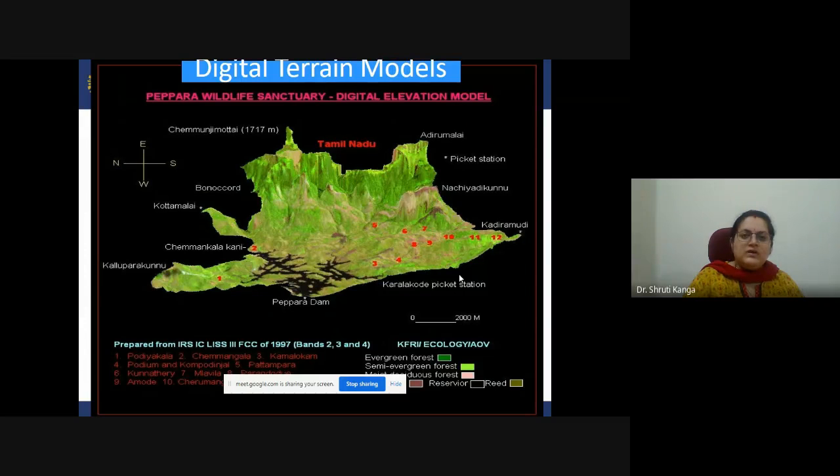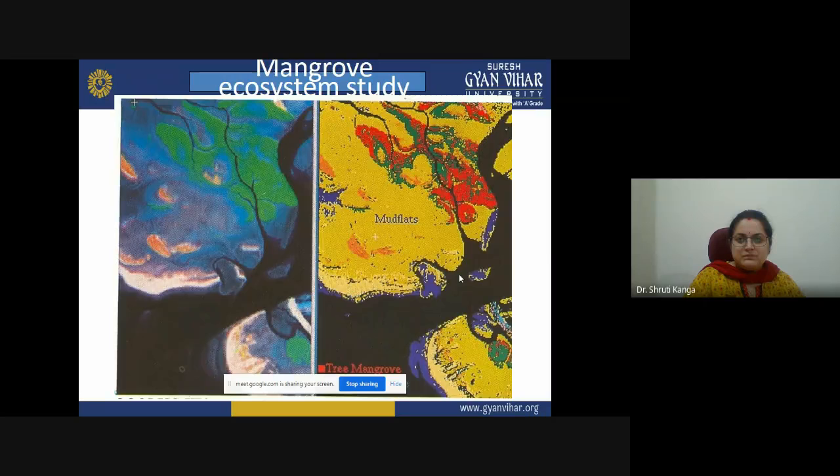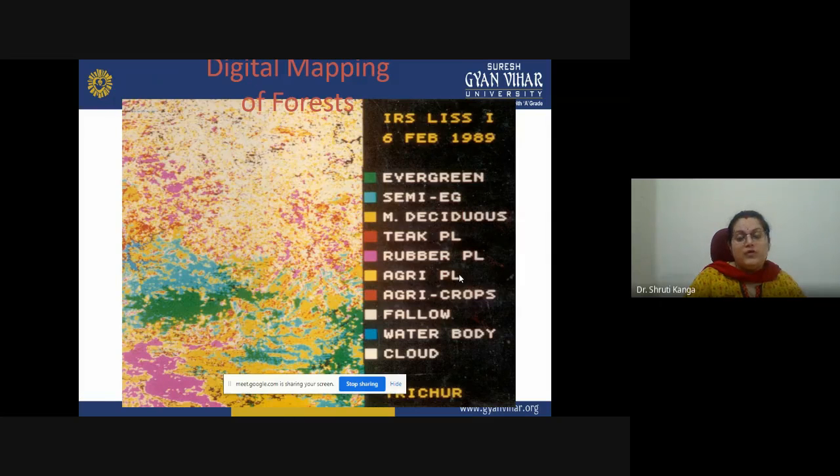Then we have the terrain model, we can have an idea about the topography of a particular area based on these analyses. Then the mangrove ecosystem study was also conducted for the same area. The digital mapping of forest can also be done with the help of these kinds of studies.